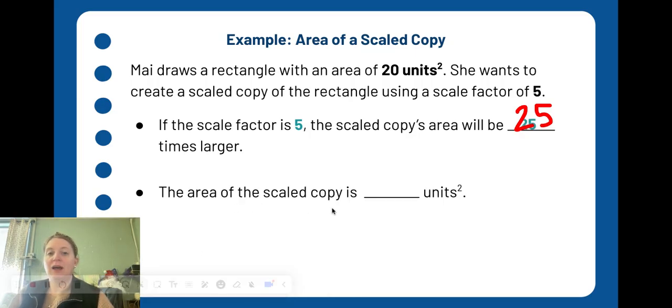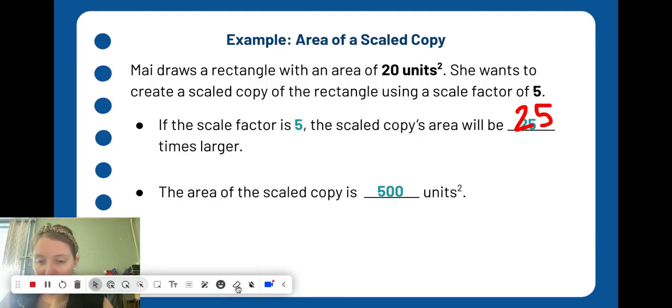And then the area of the scaled copy would be how many units? Well, after we got that 25 in there, we would need to multiply the 20 by the 25, and 20 times 25 would be 500 units.